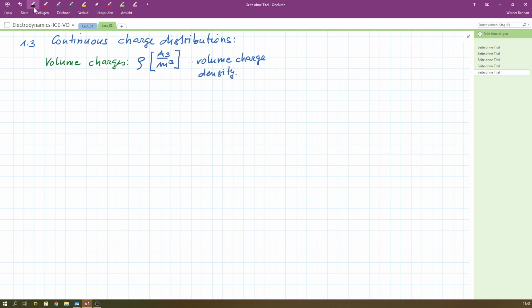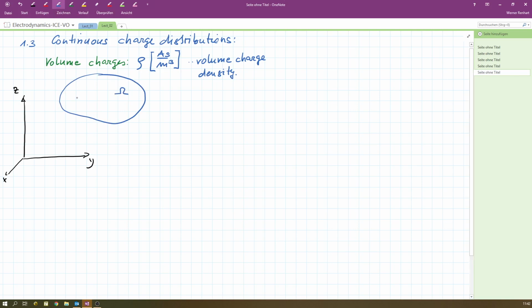So we have a coordinate system somewhere, X, Y, Z. And we have somewhere some volume. This may be the volume omega. Inside this volume omega we have an infinitesimal small cube.